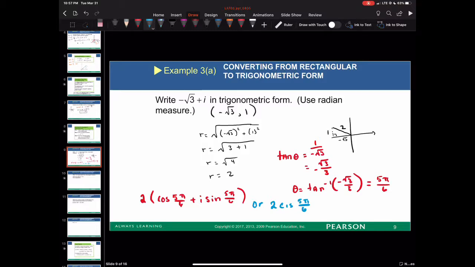So when you take tangent inverse, it gives you what? Now, in your calculator, if you don't have it in the right mode, it's going to give you degrees. So if it gives you the degree, you can convert the degree into radians, but you have to remember what quadrant you are in when you plotted this thing. You know we are in the second quadrant because x's are negative, y's are positive. So keep that in mind.